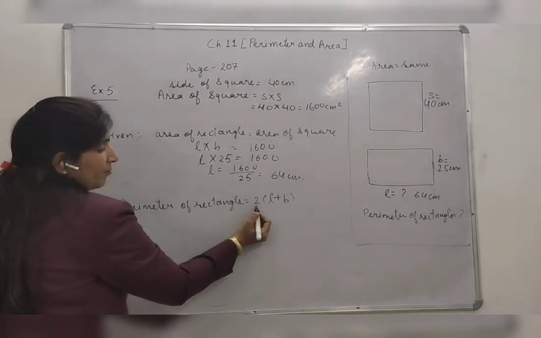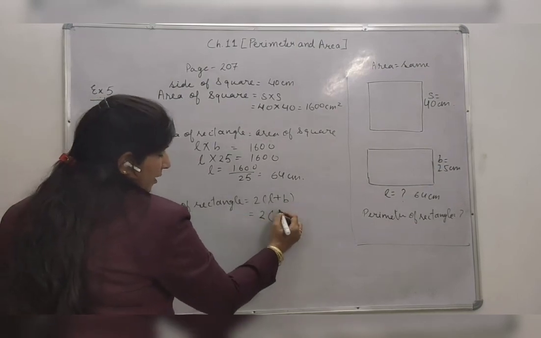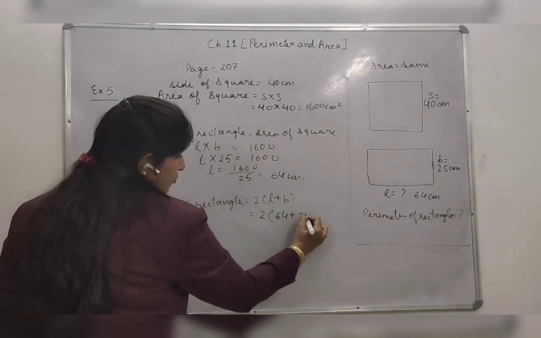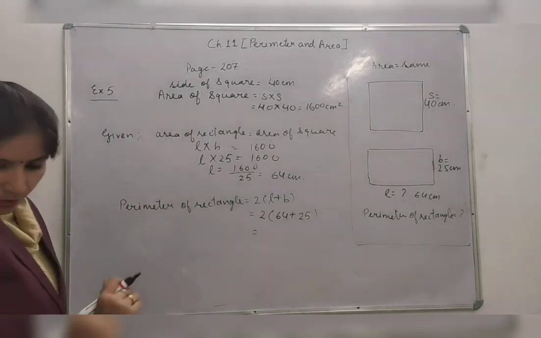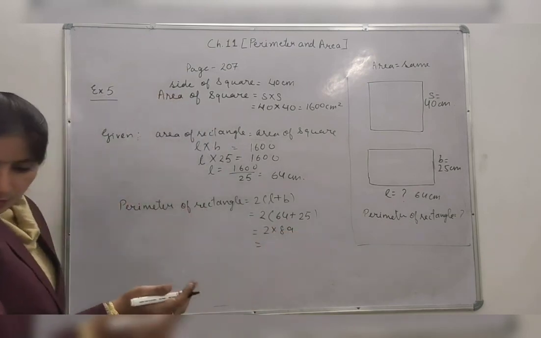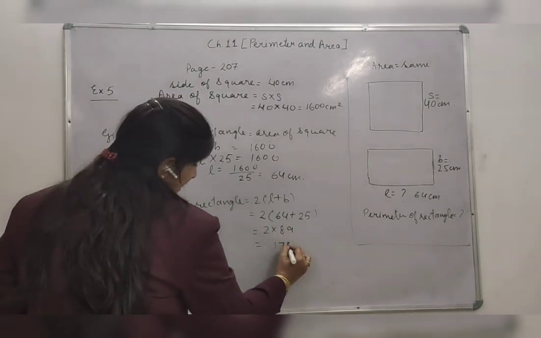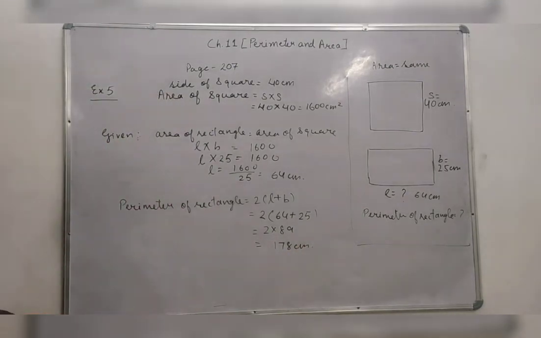The perimeter formula is twice into length plus breadth. So length I am putting 64, breadth is 25 which is given to us. So after solving we get 2 into 89 centimeter and then we'll get the answer as 178 centimeter. So in this way we have solved question 5. I hope it is clear to you.